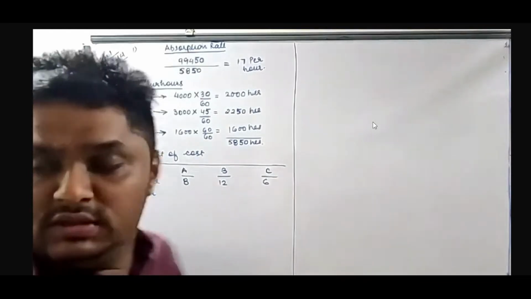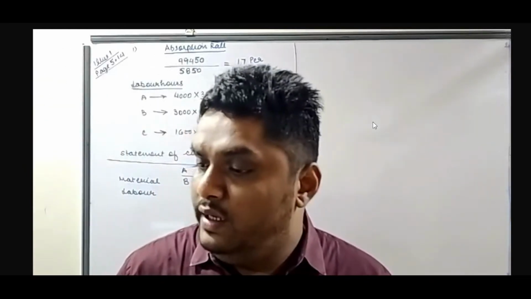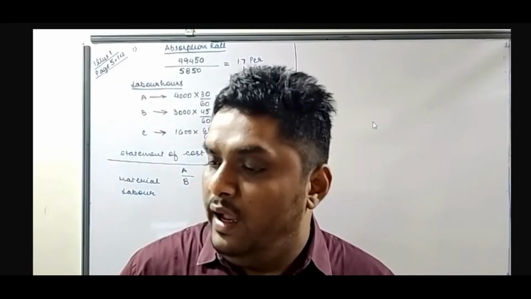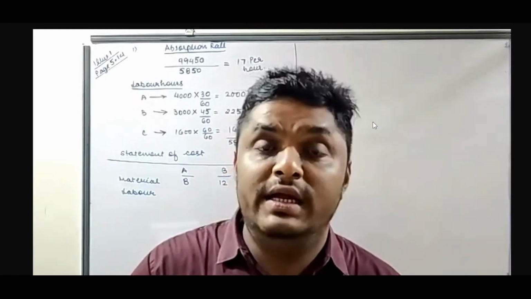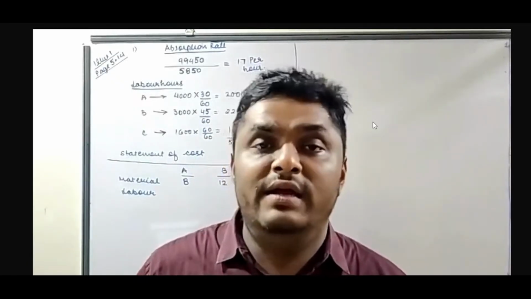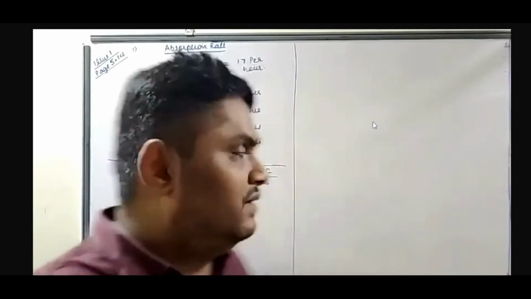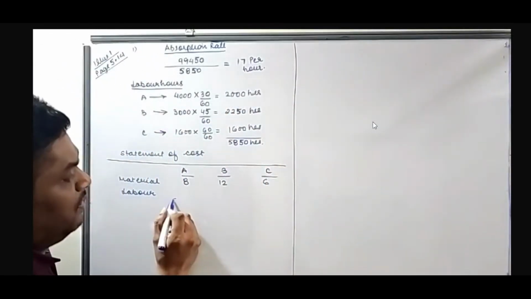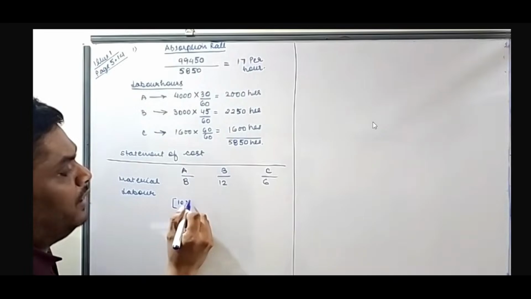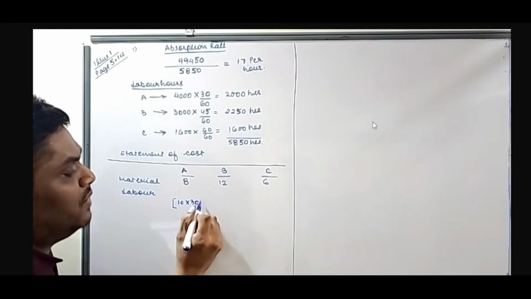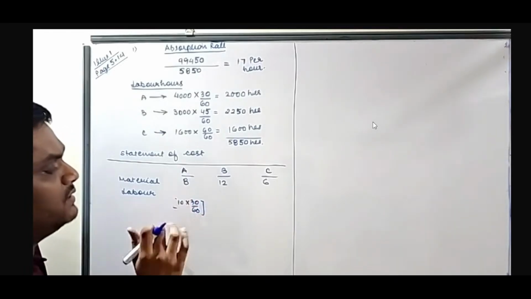Next is labor cost. So it is 30 minutes and the rate is 10 per hour. See, the rate is given as 10 per hour and the time it takes is only 30 minutes. So 10 into 30 divided by 60, because we want to convert it into hours.